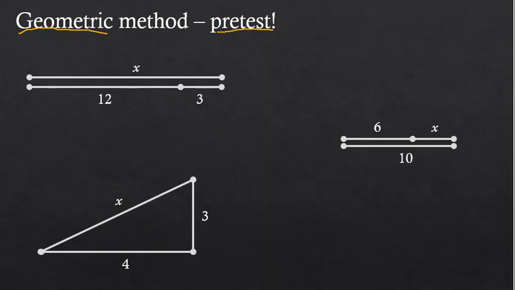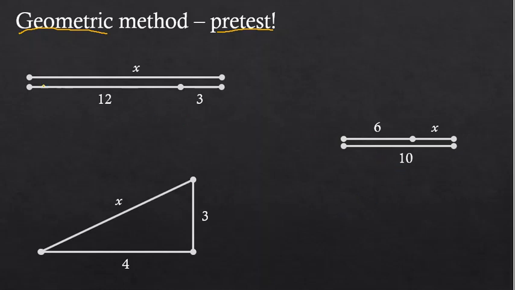Look at these and figure out what is the value of x in all three of these situations. If you need some more time, definitely pause the video, but hopefully these were just a quick review of things from geometry.